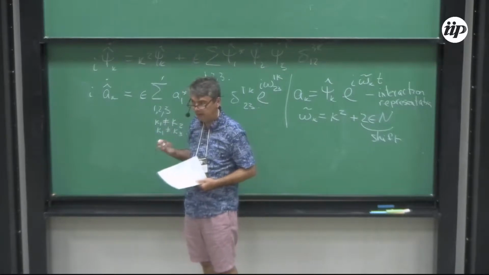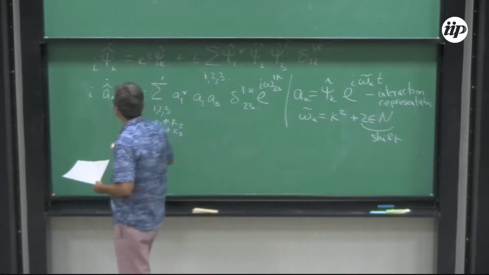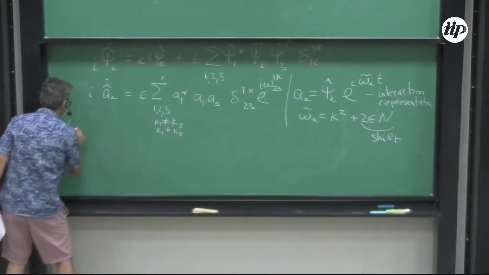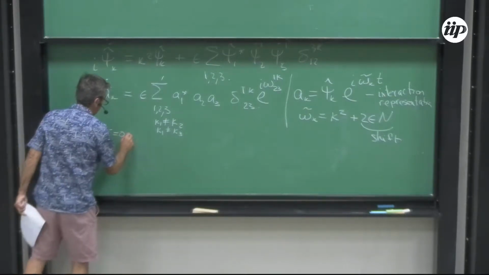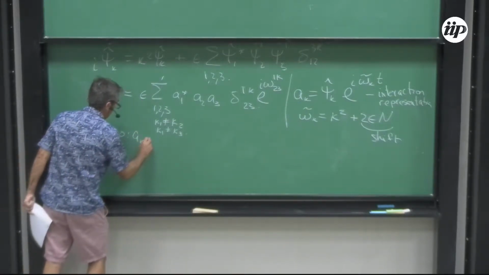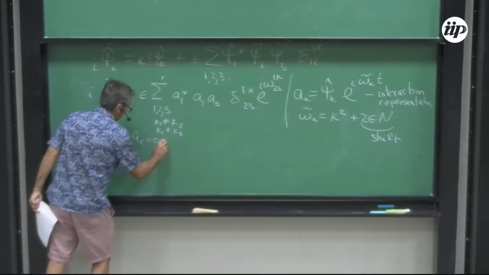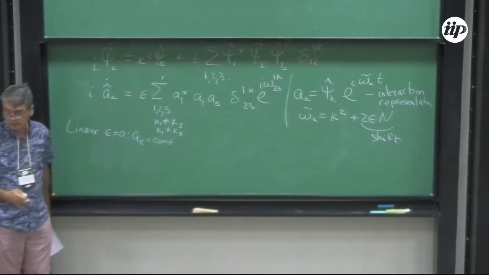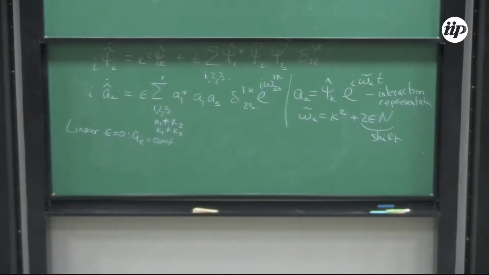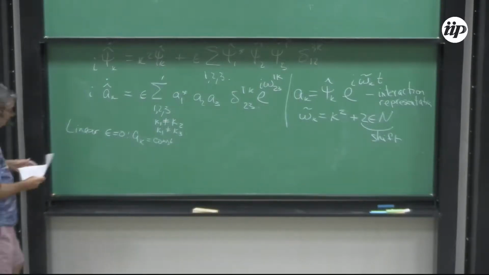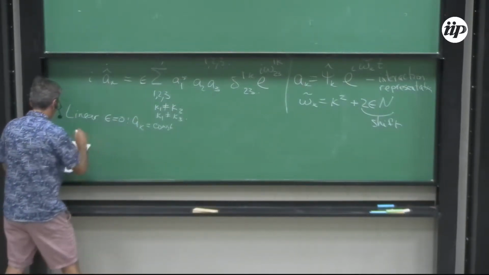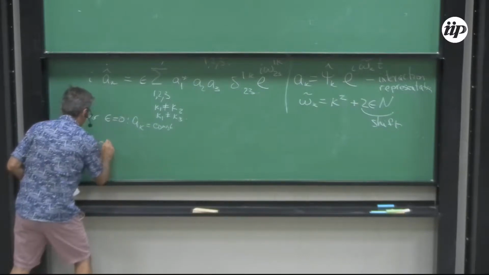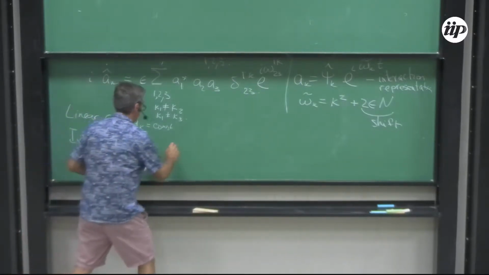If it was a linear theory, then this coefficient would be constant, right? So linear theory corresponds to epsilon equal to 0, and so then AK would be constant. Okay, so this way we separate fast and slow time dependence by this transformation. So now I introduce an intermediate time.